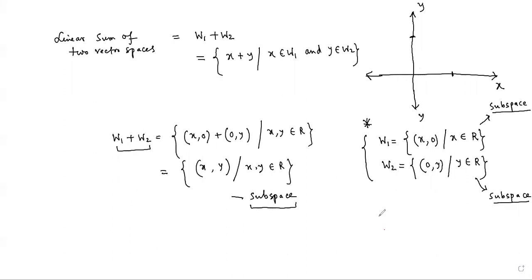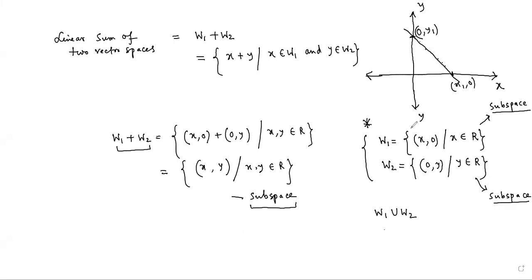Now in W1 union W2, you are taking all the elements lying on the x-axis and y-axis, all of them. So geometrically speaking, if I take an element (0, y1) from the y-axis and (x1, 0) from the x-axis, and join them by a straight line, then the points of the straight line will not fall on these sets.